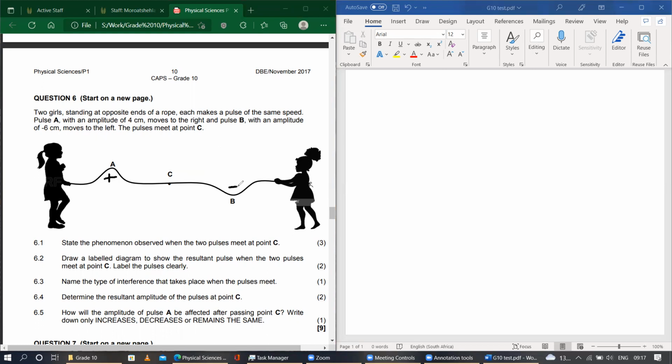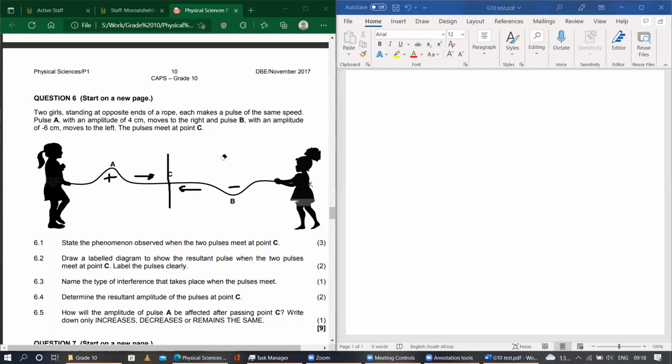So B is negative, and A is moving to the right, whereas B is moving to the left, and they're going to meet at point C.